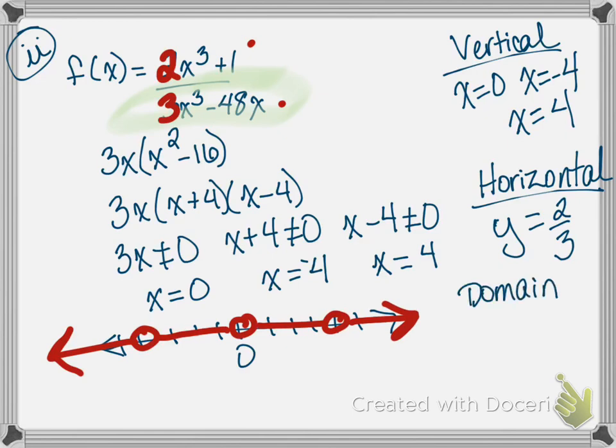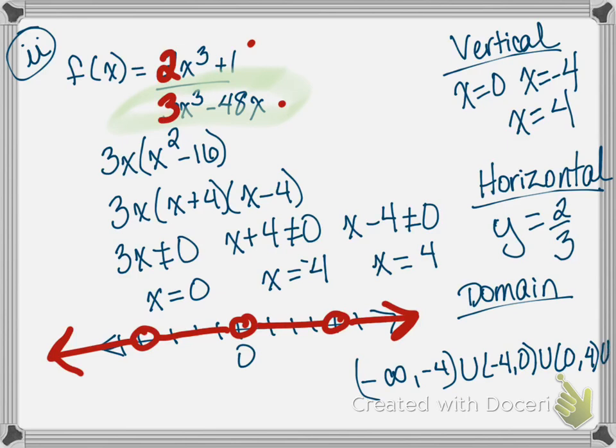I start at -infinity and I go all the way to -4. Okay? Then I go from -4 to 0. Then I go from 0 to +4. And my last one is 4 to infinity. Okay? Okay, so that is it.